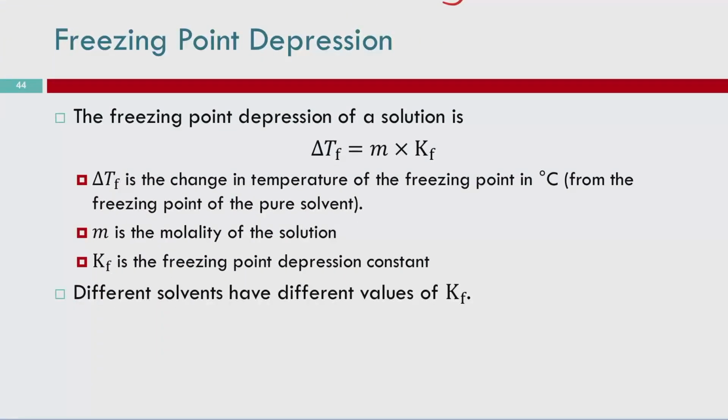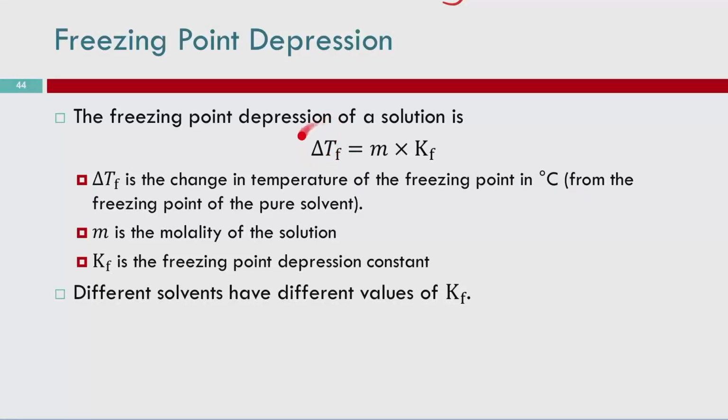Okay, so the reason that we learn about molality is so that we can talk about freezing point depression. It's one of our two colligative effects that we do calculations with. So the freezing point depression of a solution uses this formula, delta TF. This is the change in temperature, the delta for change, T sub F for temperature of the freezing point, and this is in degrees Celsius.